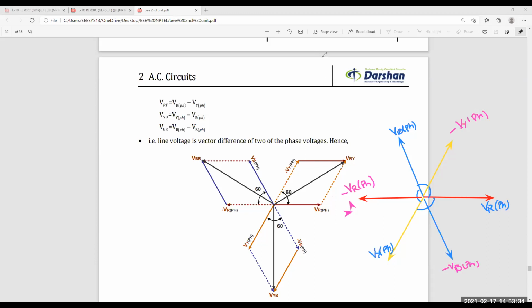It's clear. And VRY is nothing but VR phase plus the negative of VY phase. Where is VR phase? Here. And VY phase.